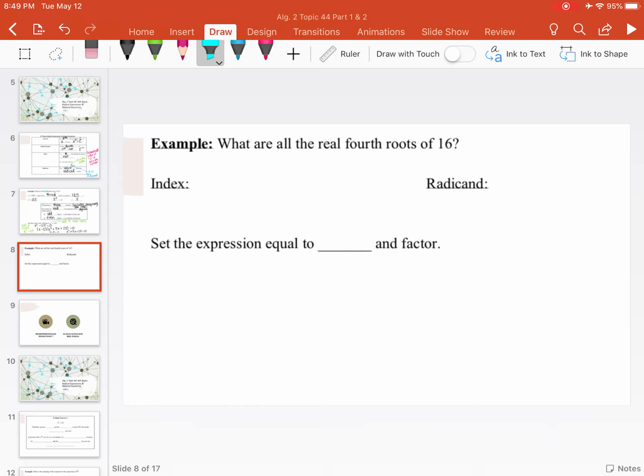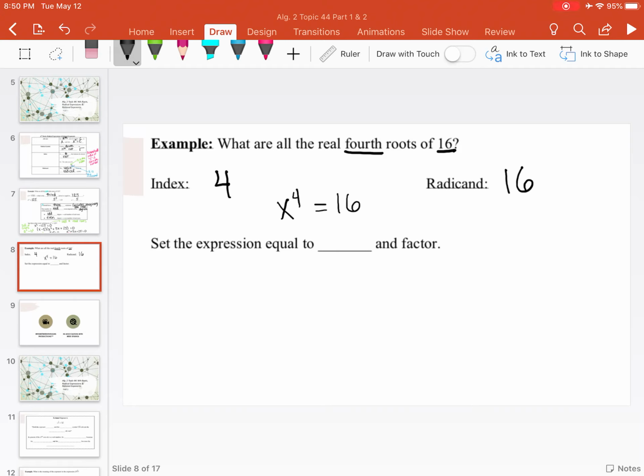Let's move on to another example. What are all the real fourth roots of 16? Here, since we have the fourth roots, our index is going to be 4, and our radicand is going to be 16. So in other words, we have x to the 4th equals 16.